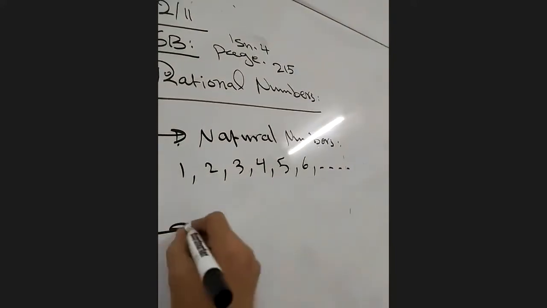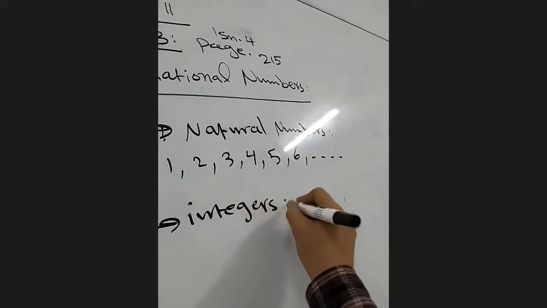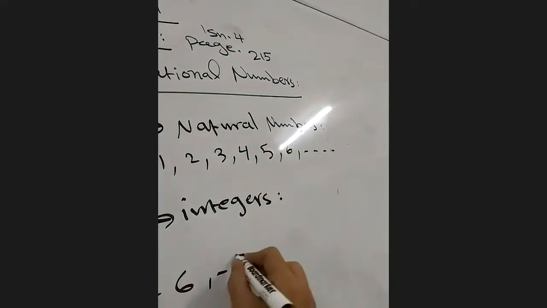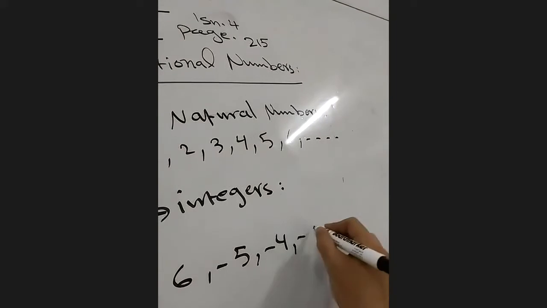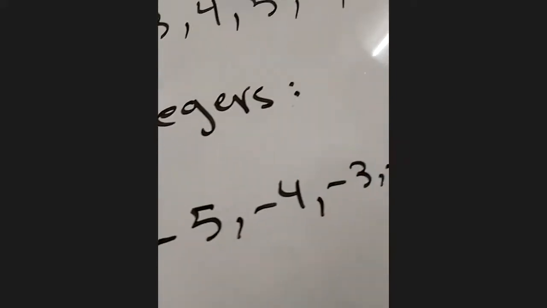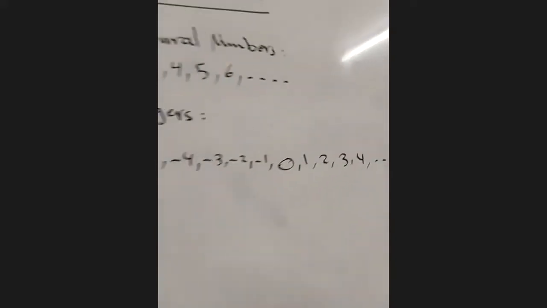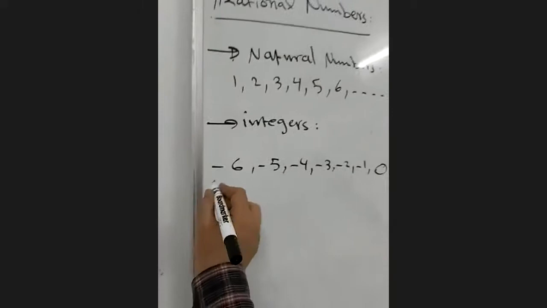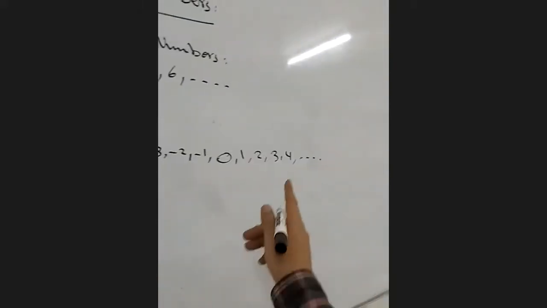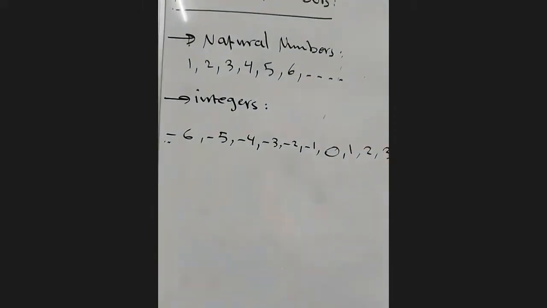Now, integers, we took them in this chapter, integers, which are -6, -5, -4, -3, -2, -1, 0, 1, 2, 3, 4, 5, and go on. Of course here also forever, and here also forever. This group of numbers, we call them integers.